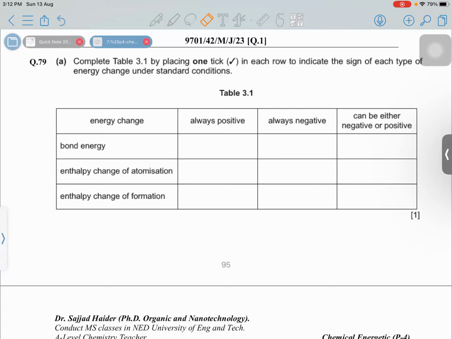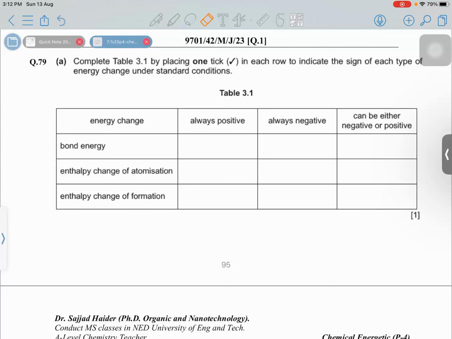Is bond energy endothermic or exothermic? Sir, it can be both. No. Bond energy is always endothermic.